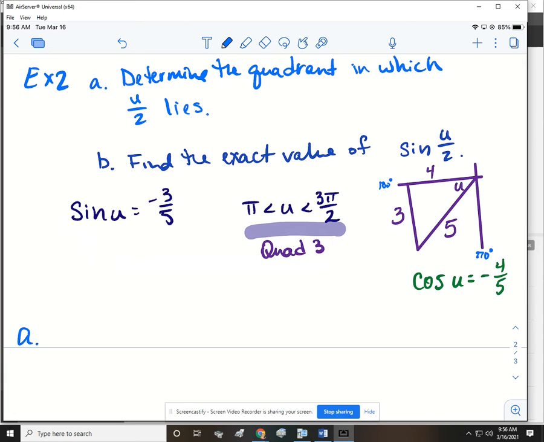So if we take half of 200 degrees, that's going to be 100 degrees, which is in quadrant 2. We can pick any angle between 180 and 270 and take half of it, and that is going to be what we get. It will be in quadrant 2. So U over 2 lies in quadrant 2.